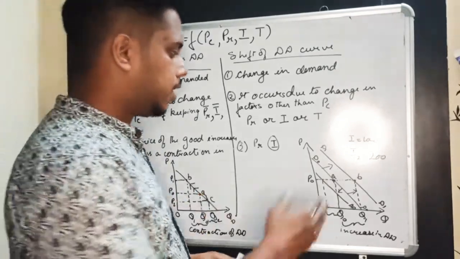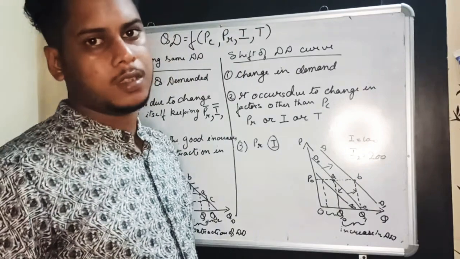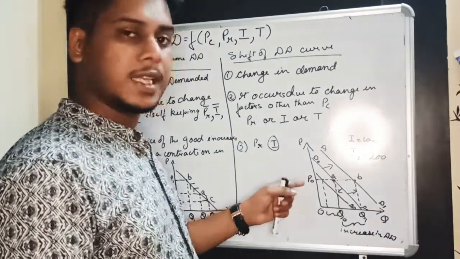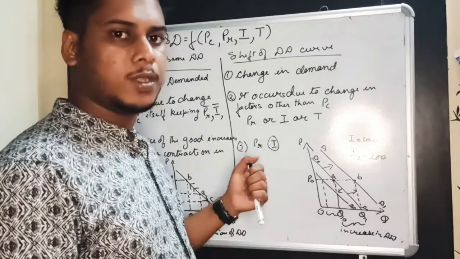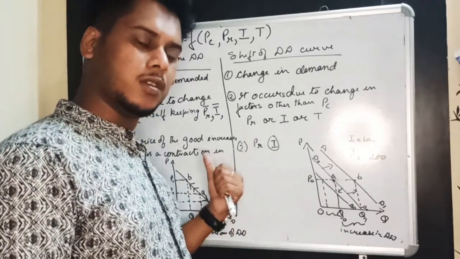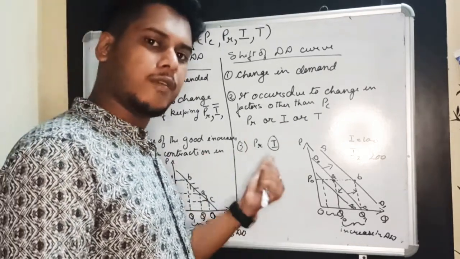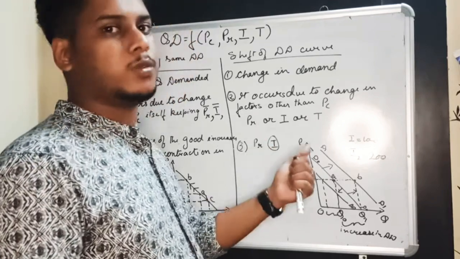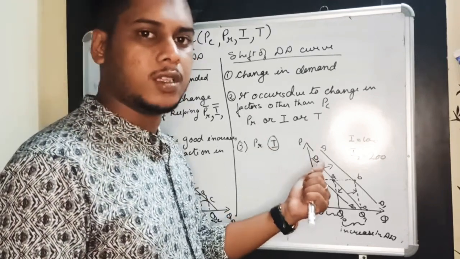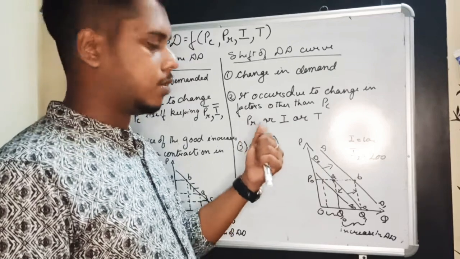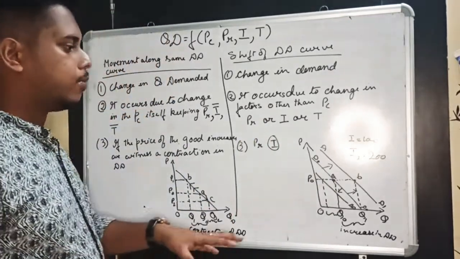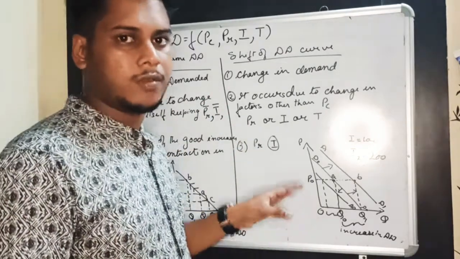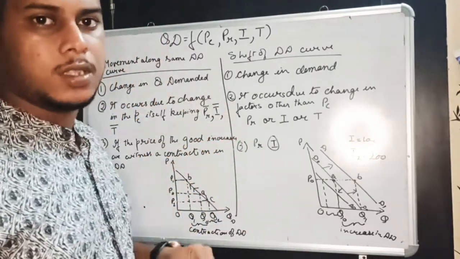It is shown by a rightward shift of the demand curve. Here the price has been kept constant, whereas a decrease in demand would be shown by a leftward shift of the demand curve, and it would occur due to a fall in the income level, as well as it can occur due to fall in the taste and preference of the consumer. Okay, so this was all about shift in the demand curve and movement along the same demand curve.